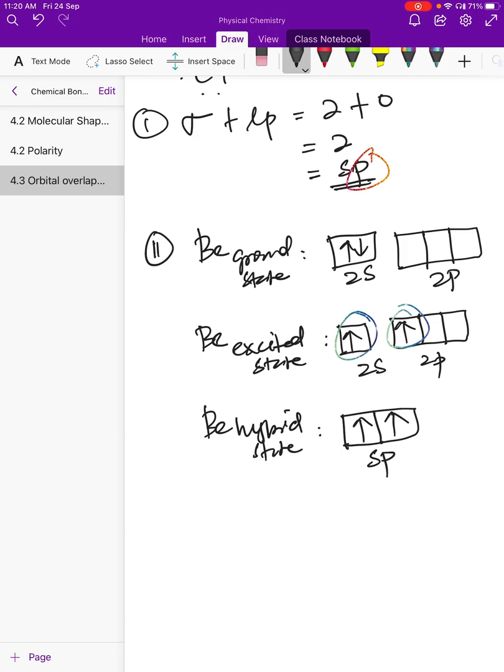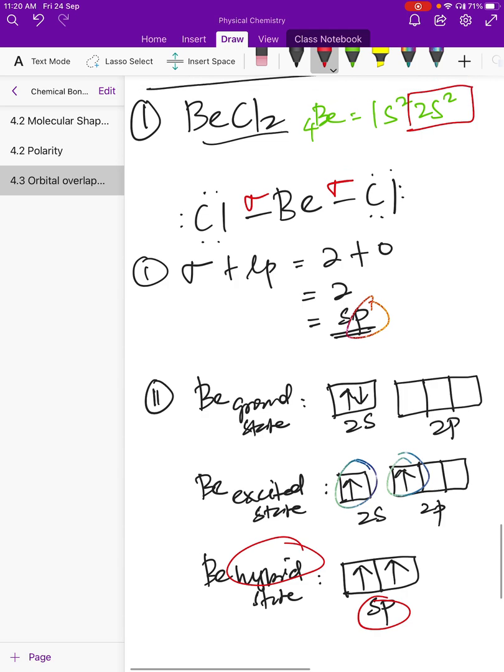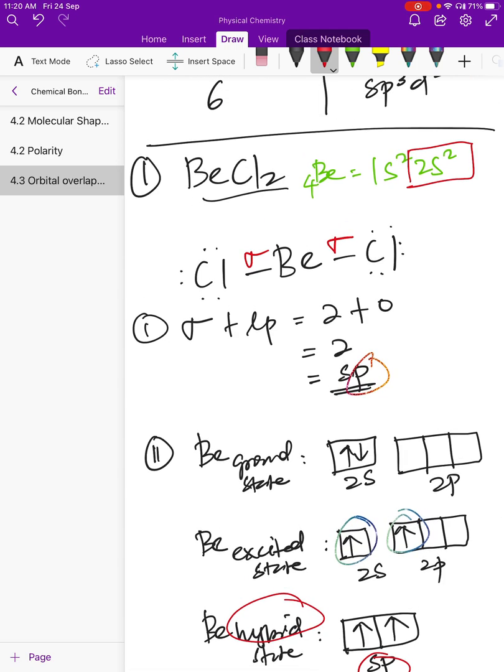They are considered as hybrid orbitals of sp. The next information that we should know, what is the geometry of sp? Each orbital has their own geometry. For sp, the geometry is called linear.